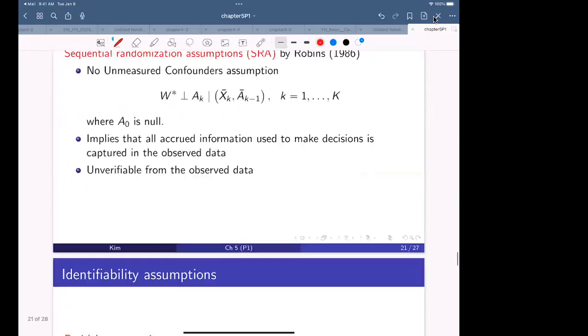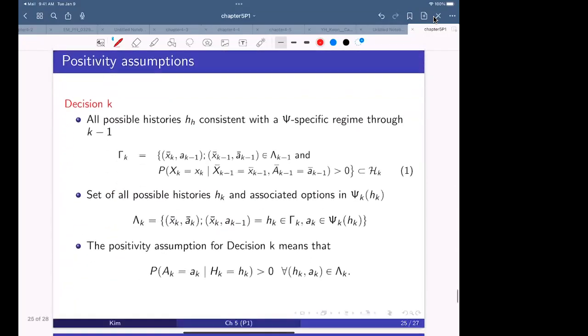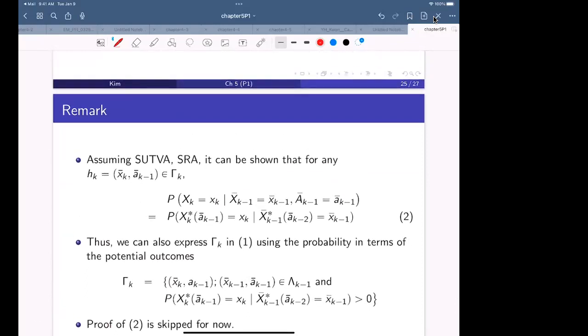End of the day, what we'll show is something like this: your conditional distribution in terms of the potential outcome turns out to be the same as the conditional expectation of the realized given.